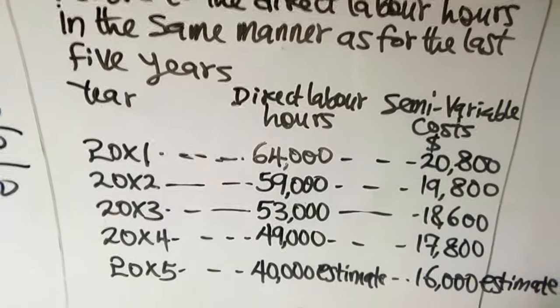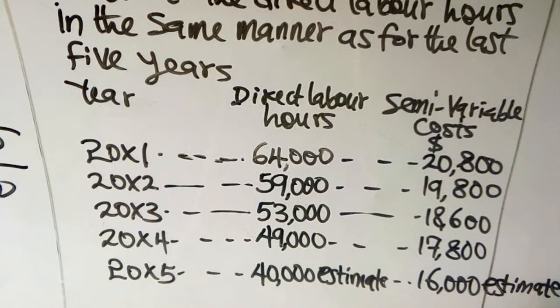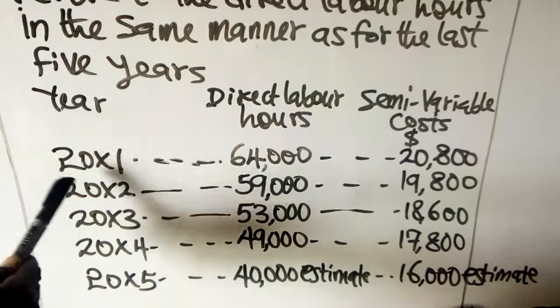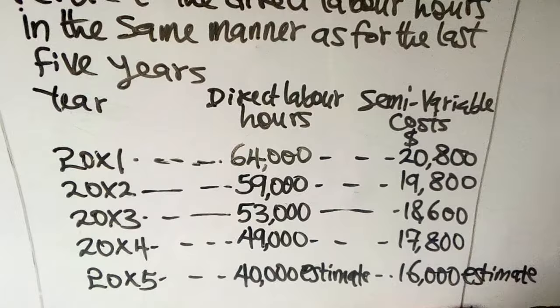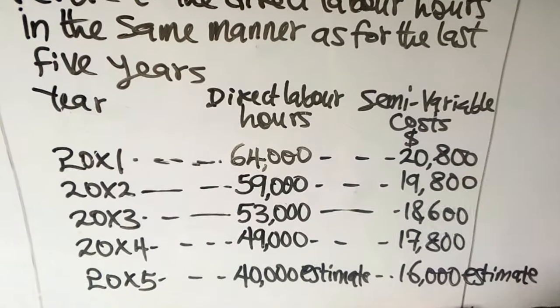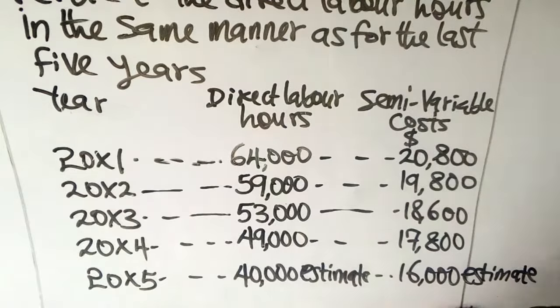So you were given, from year 20x1 to 20x5, direct labor hours and the amount of semi-variable costs for each of the periods.